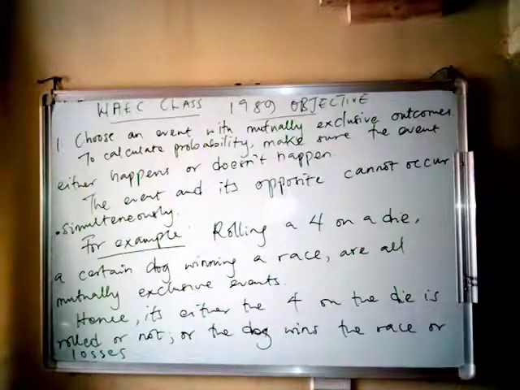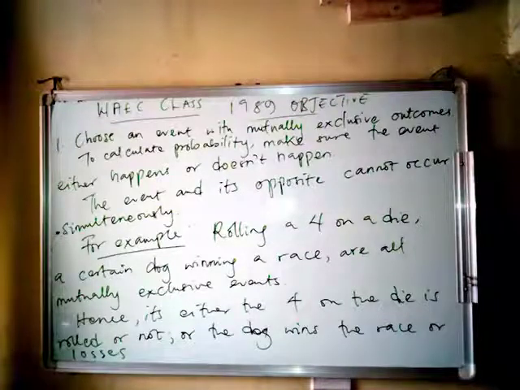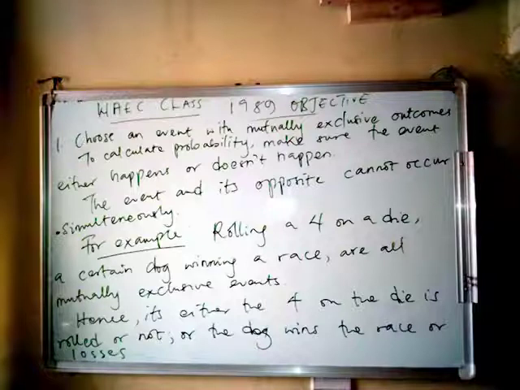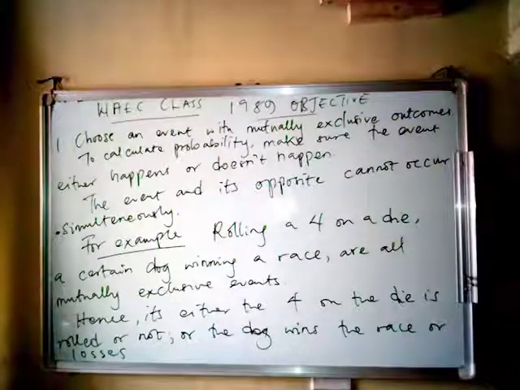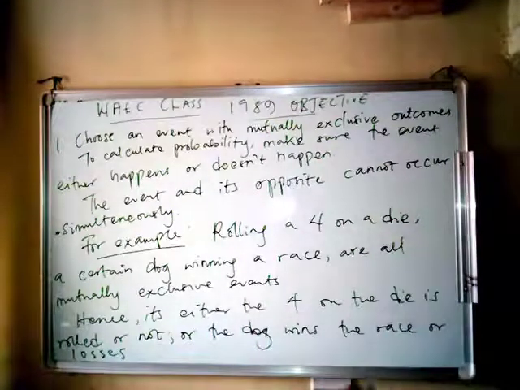No, it does not work anywhere. So that is what you mean when you say mutually exclusive outcome. The outcome or the result of the attempt is going to be particular to that thing or to that person or to that event. It is not shared with the opposite of that event for any reason. So that is what it means to solve a probability when you have something like this.